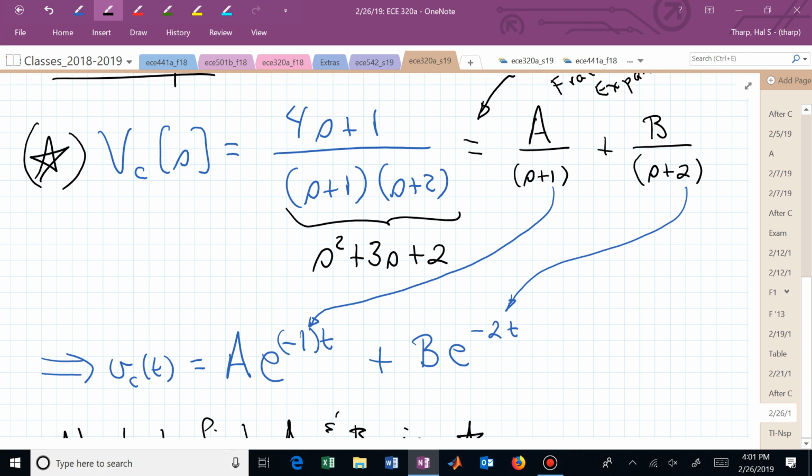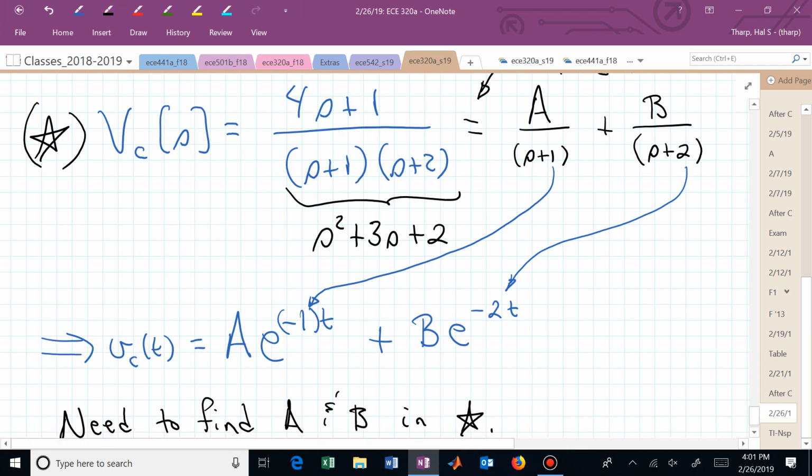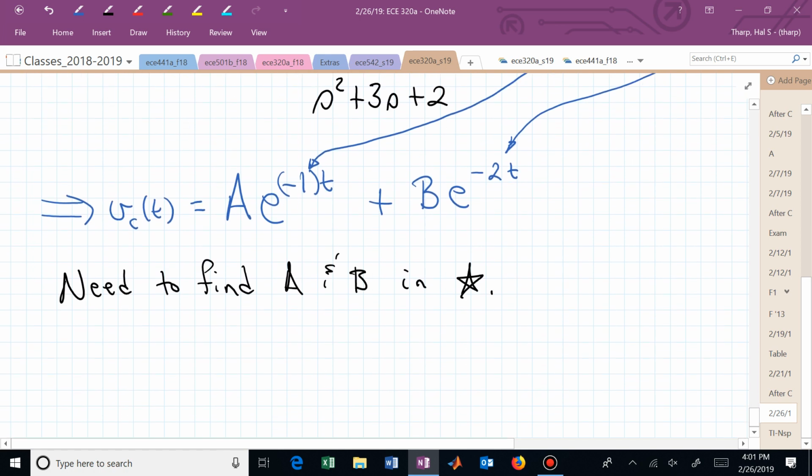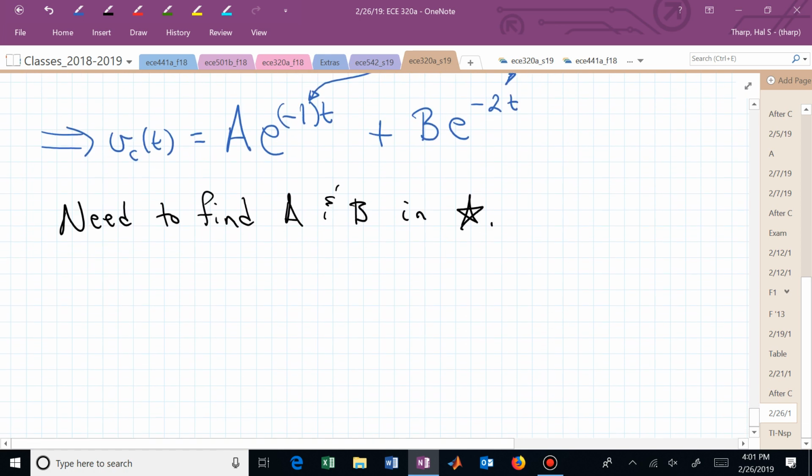So whatever a and b end up being, when we combine them, they better give us 4s plus 1 in the numerator. That's one way of thinking of it. But we can actually solve for a and b independently because they're distinct roots. Minus 1 is distinct from minus 2. Because of that, we can use what's called the Heaviside cover-up method.